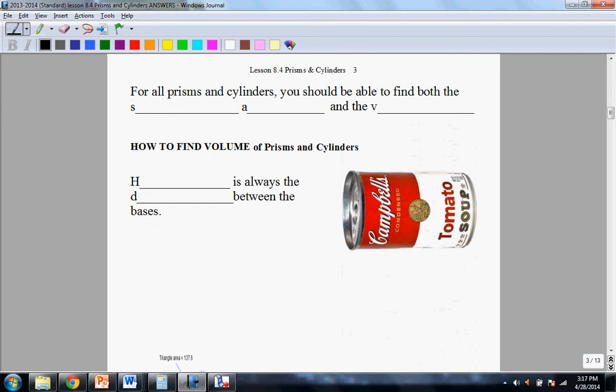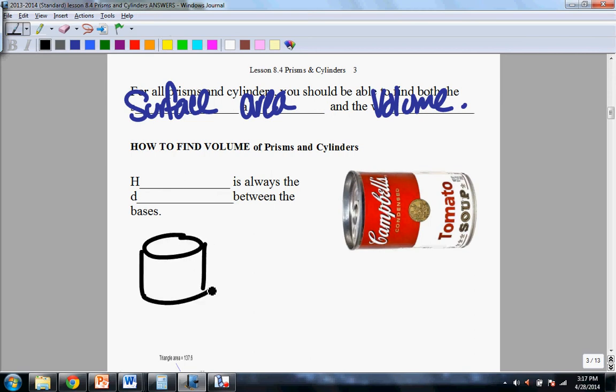Now, for all prisms and cylinders, we should be able to find both the surface area and the volume. When we talk about height, it's very important. When you have a can, it's really easy for you to identify the height, right? That would be the height.